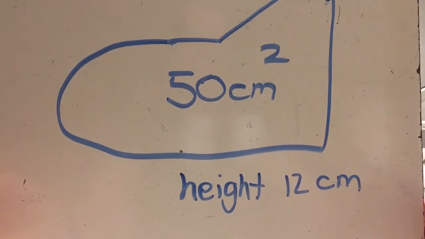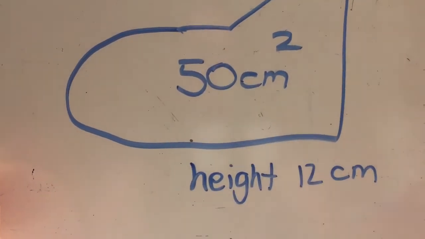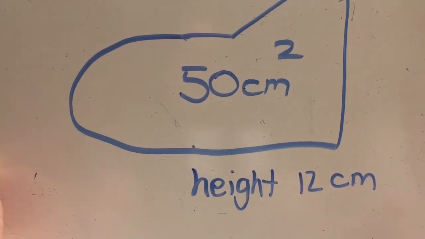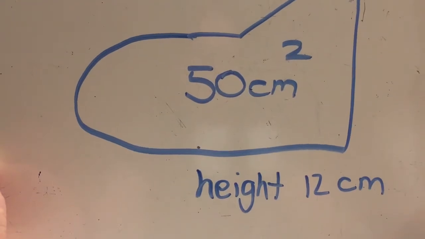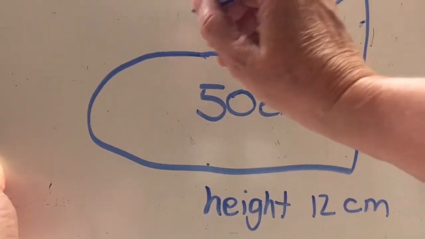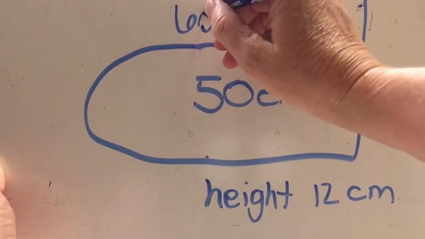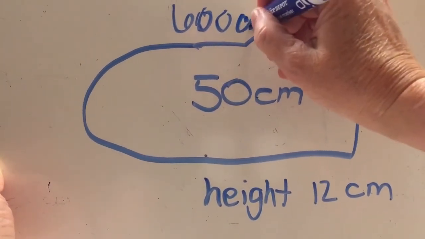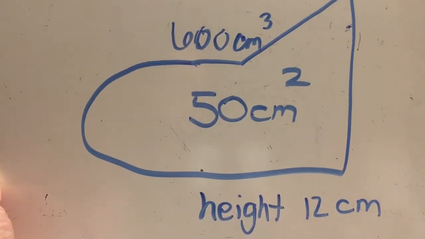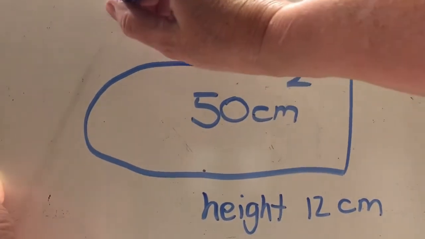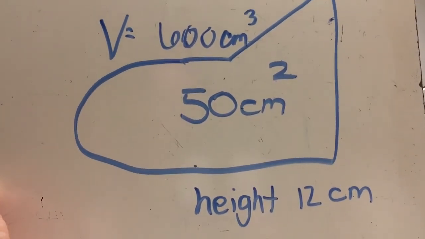So we're going to take our area of the base times the height, and we're going to multiply, and 5 times 12 is 60, so 50 times 12 is going to be 600. So we're going to have 600 centimeters cubed, and that should be our complete answer. So that would be our volume is 600 centimeters cubed.